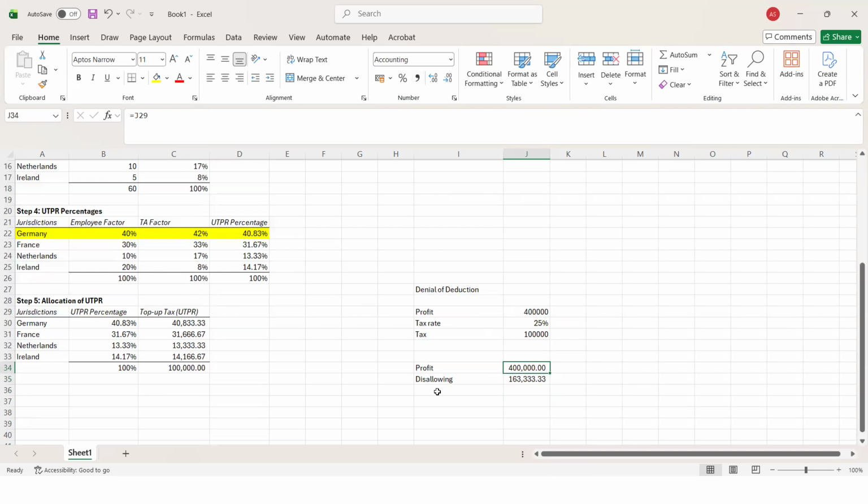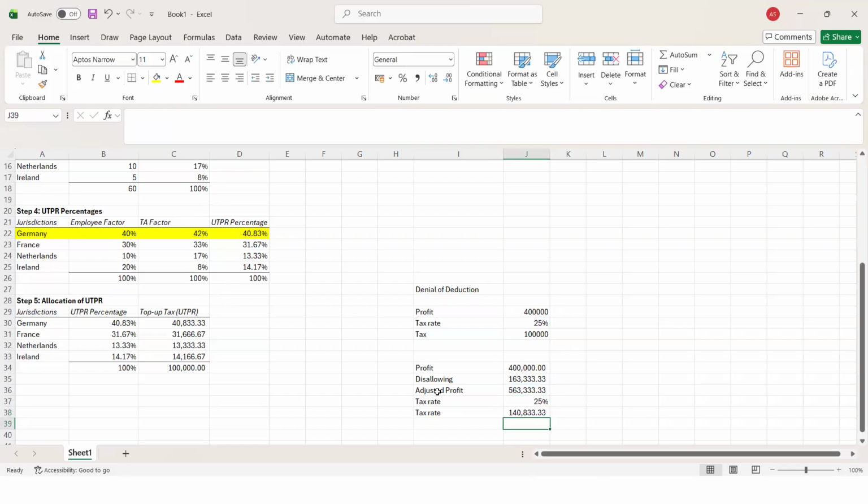So what will happen? What is my revised, or adjusted, profit? It is this. Now, the tax rate is 25%, and if I apply this 25%, what is the tax going to be?